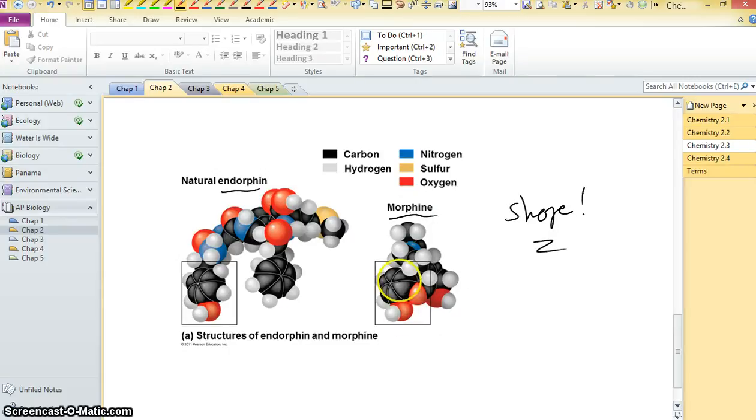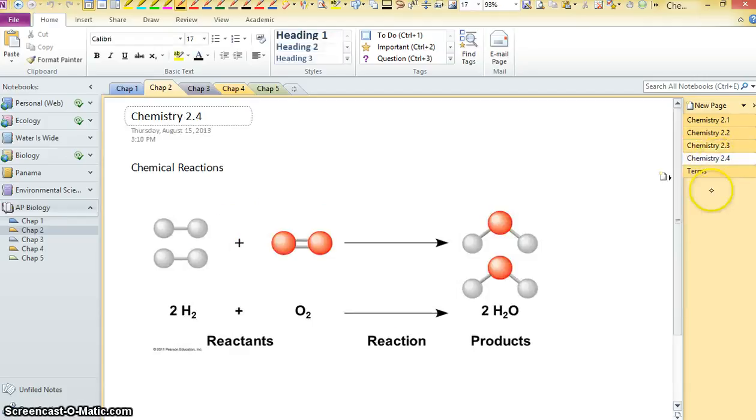And you can see one part of the molecule is the same, and that's the part that's important for binding with neurons and inhibiting the transmission of neural signals and basically decreasing pain. And so we'll revisit that more a little later as well.